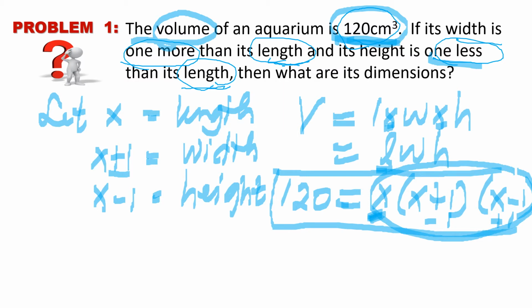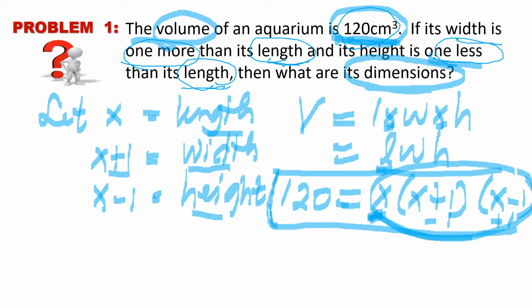Our problem now is not looking for the roots, but simply looking for the value of x for us to determine the dimensions. So when we say dimensions, these are the parts of the aquarium, which are length, width, and height.